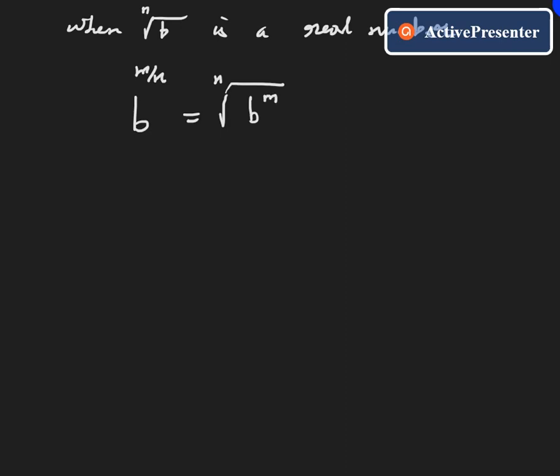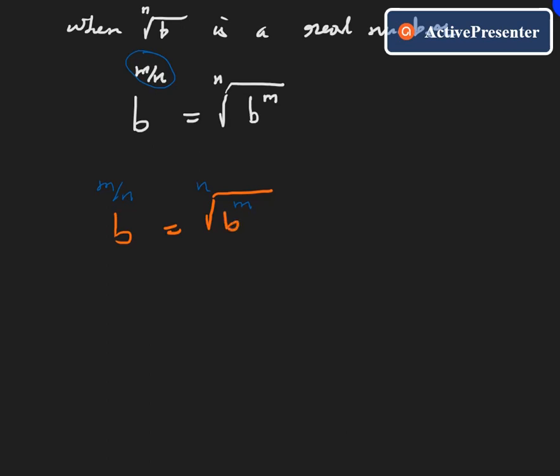What did we do here? We just flipped this over. So m over n came here as n and here m. That's it, you just remember that. So here we have b equals the nth root of b to the power m.